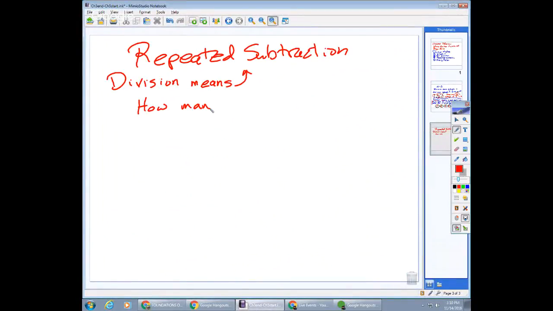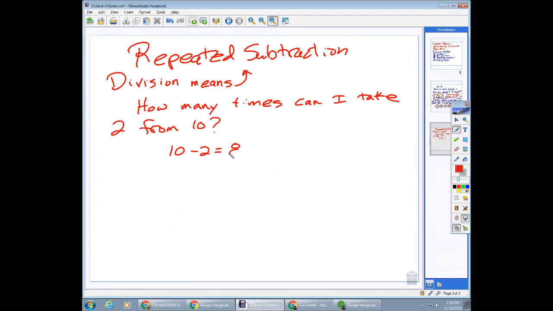How many times can I take 2 from 10? Considering subtraction means take away. And so here I could just say, well, 10 minus 2 is 8. So there's 1. 8 minus 2 is 6. There's 2. 6 minus 2 is 4.